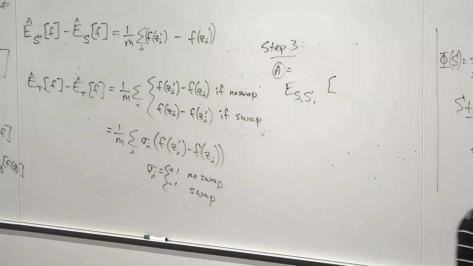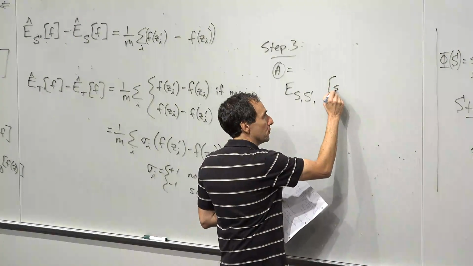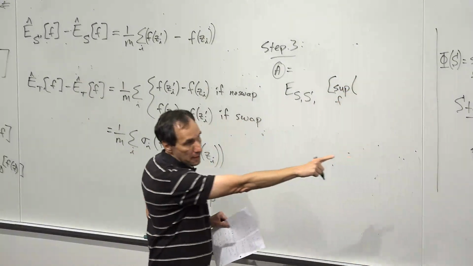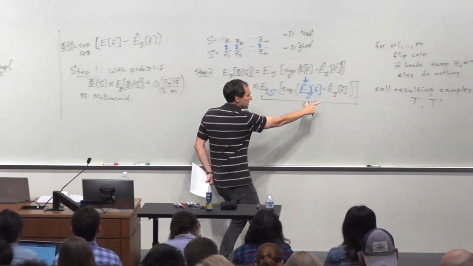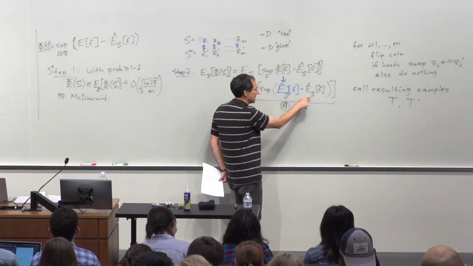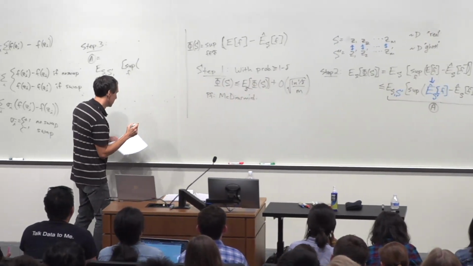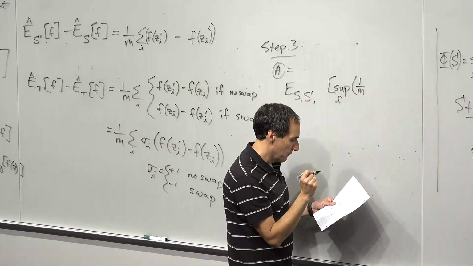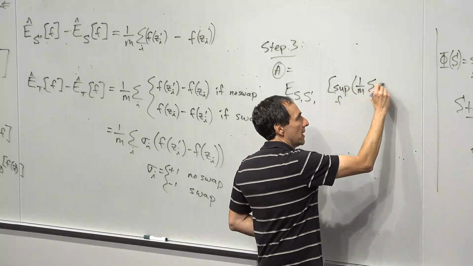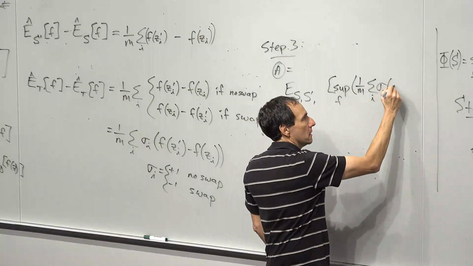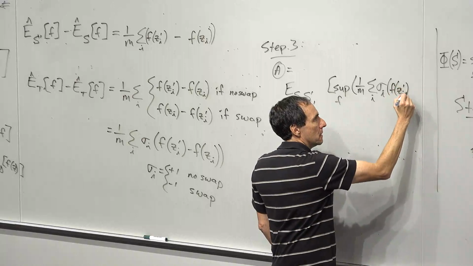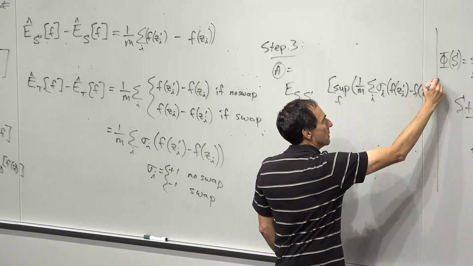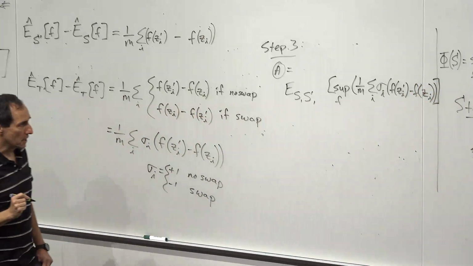So those expectations are coming from here. And then supremum over F in F of this difference, but we can use this difference using T prime and T rather than S prime and S. And in that case, plugging in what we did over there, we'll get 1 over m times sum over I, sigma I, I'm just copying. Okay, just copying that expression.